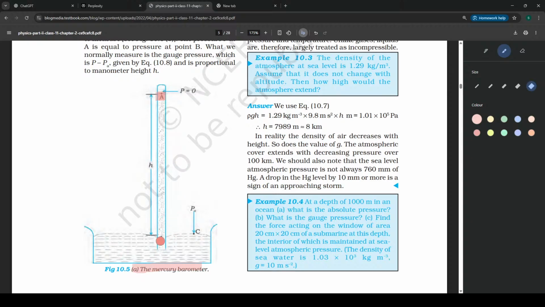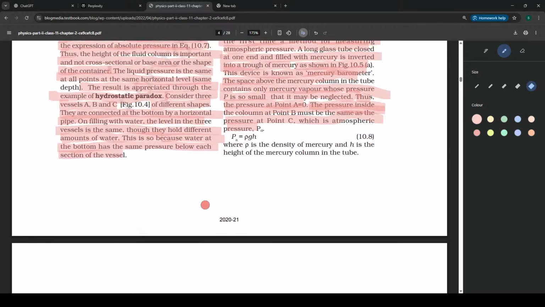The pressure at point B, okay, let's read more.